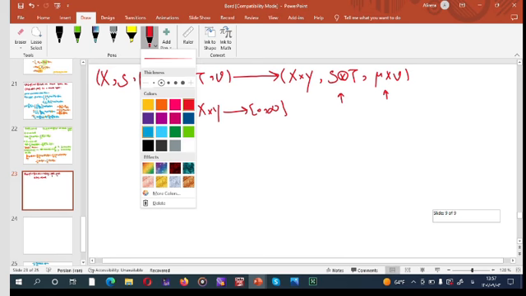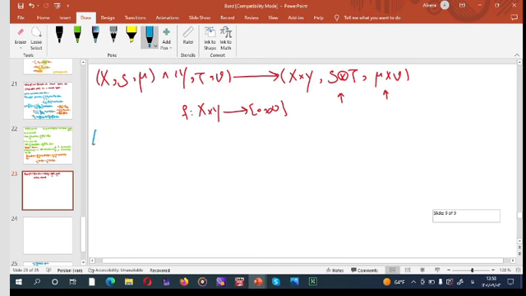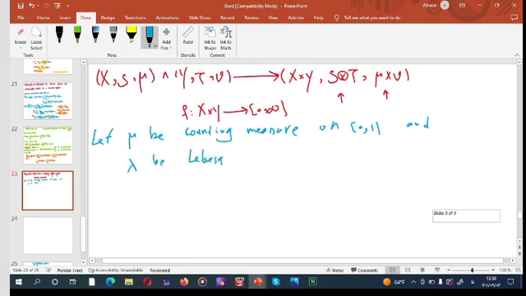Okay, let mu be counting measure on [0, 1], and lambda be Lebesgue measure on [0, 1].